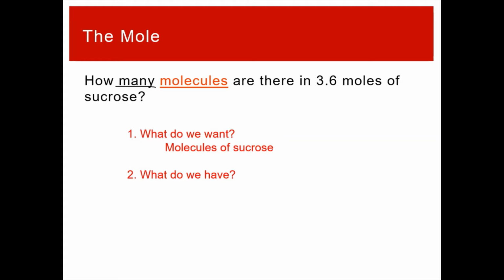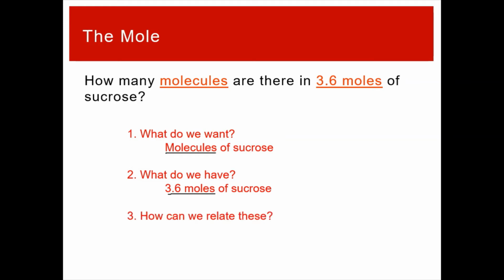What do we have? Moles. Okay, so we want how many molecules? That is going to be an absolute count, total individual number of molecules. And currently, it's represented by groups of molecules. A mole is a counting unit. Okay, so when we want to ask how can we relate these, it's going to work in the same way as when we related individual bagels to dozens of bagels, right?